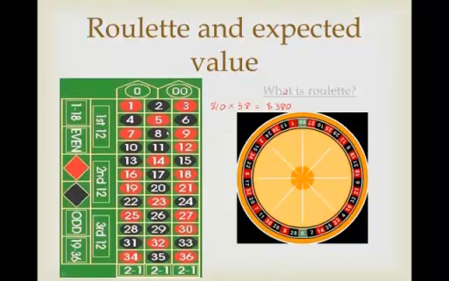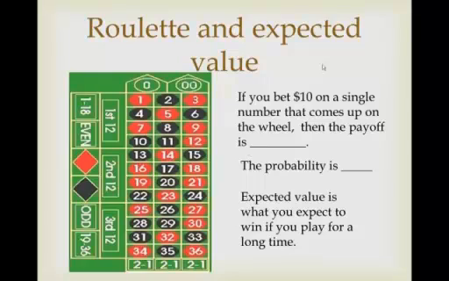But let's say you bet $10 on a single number, it comes up on the wheel, and the payoff is going to be, well, 360. And the probability of that happening is going to be 1 out of those 38 different possible places that the ball could have landed on.